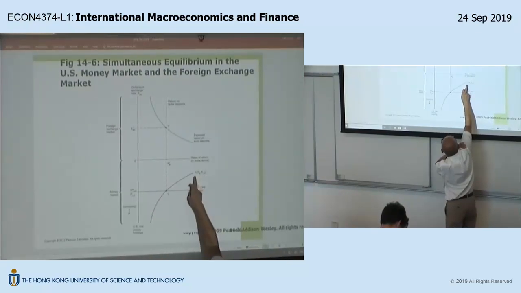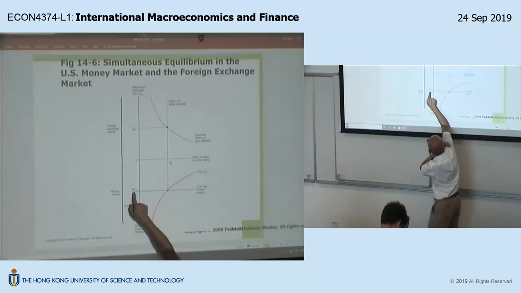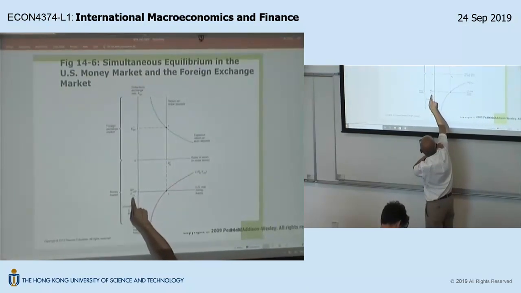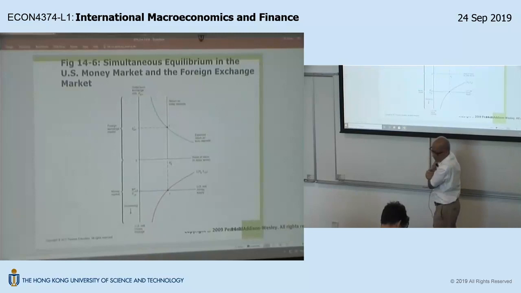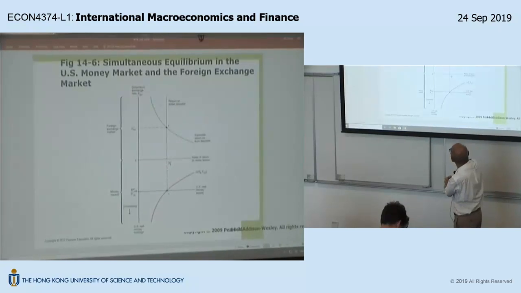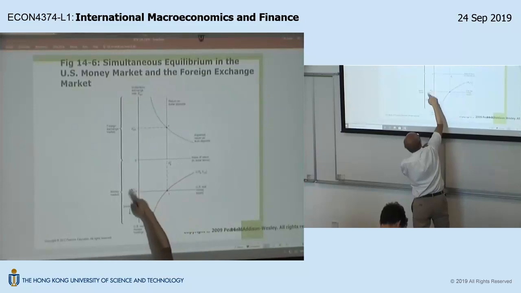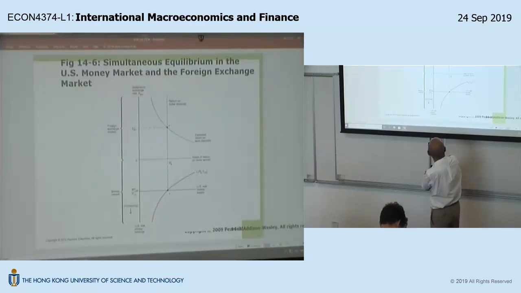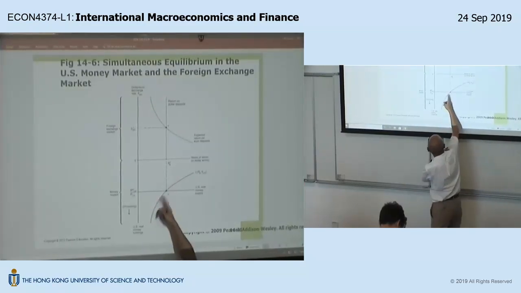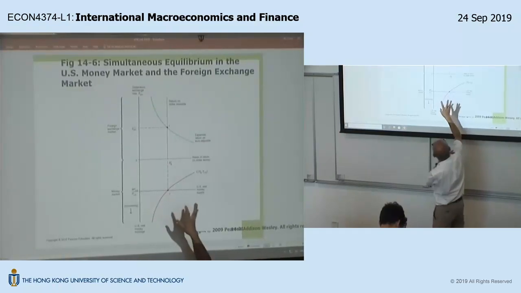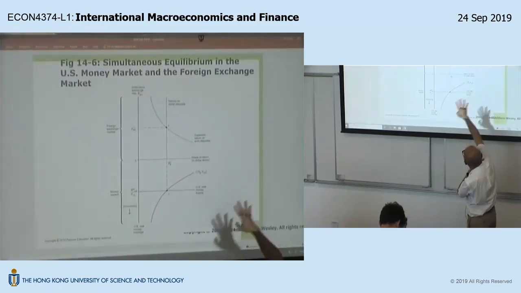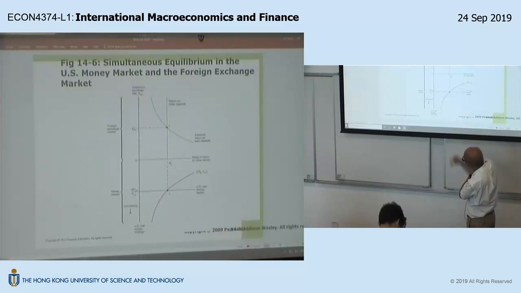This is the L function of the U.S. This is the money supply in the U.S. divided by the general price level in the U.S. It's a real, the real supply of money in the U.S. This is the money market equilibrium. So this diagram shows you the simultaneous equilibrium in the U.S. money market and the foreign exchange market.